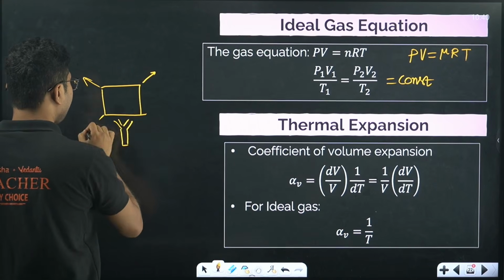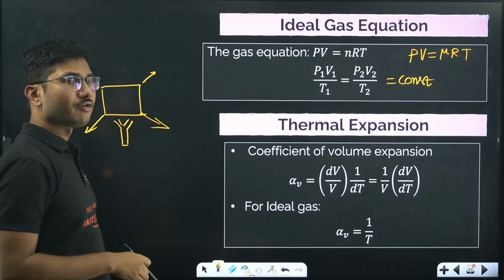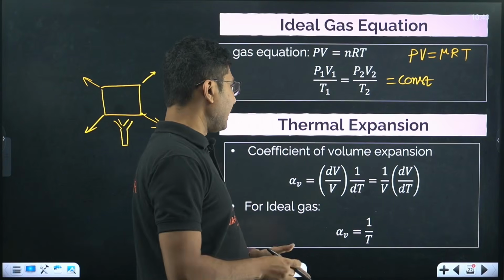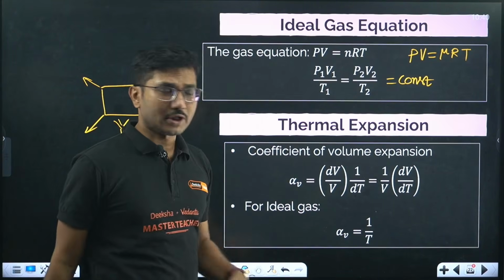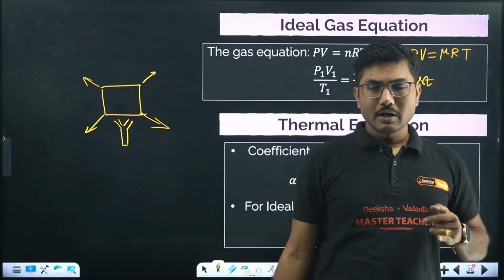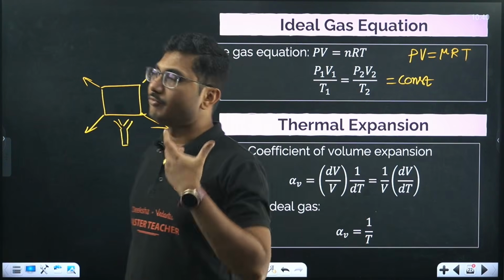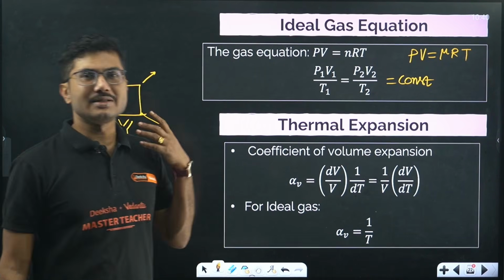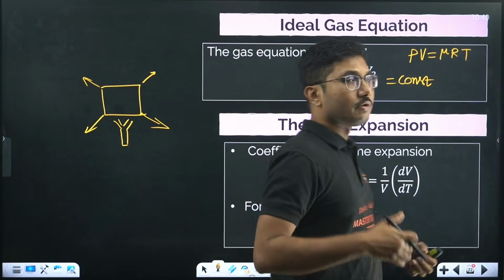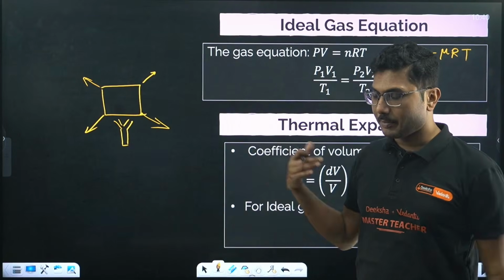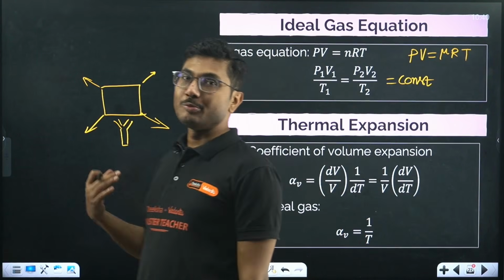Now in this chapter mainly we will discuss expansion of gases and coefficient of volume expansion. In case of gas, you can increase the volume or you can increase the pressure as well. Because for normal solid and liquid, if you apply heat, only its volume increases.